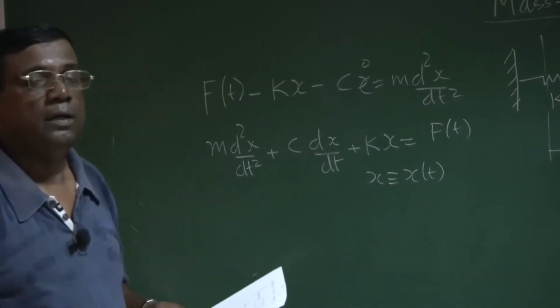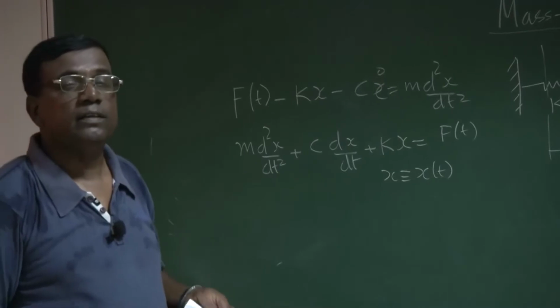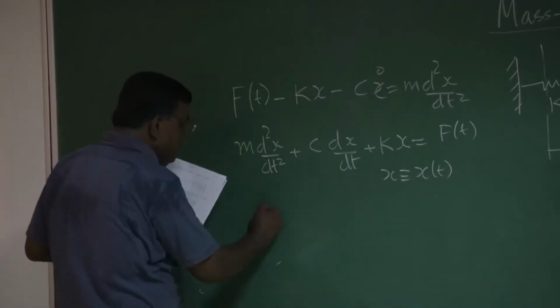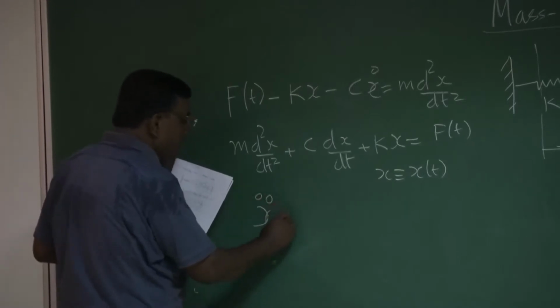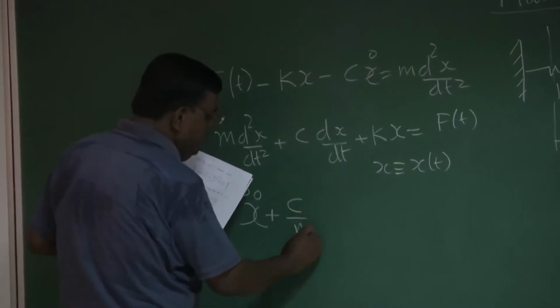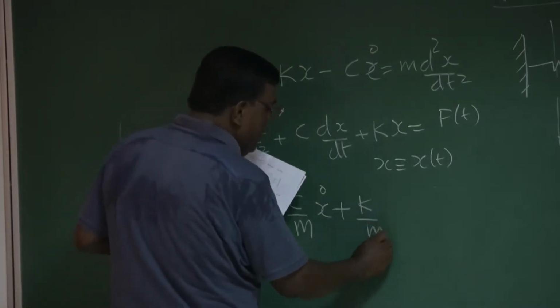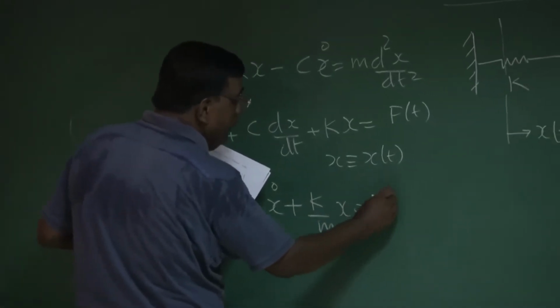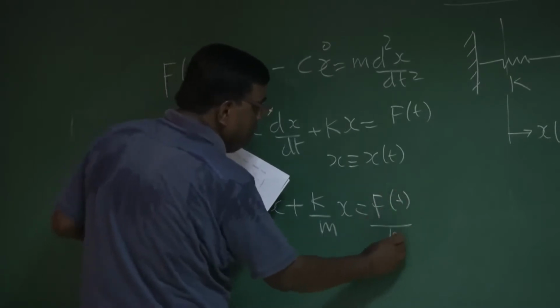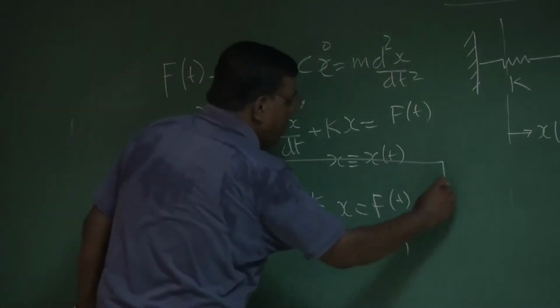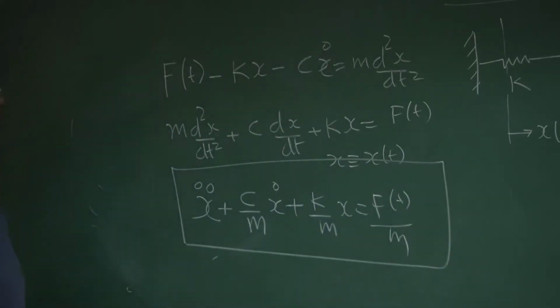We are trying to model their variation with respect to time. And this I can write in other notation: x double dot plus c by m x dot plus k by m x is equal to f of t by m. This is a very popular equation which you know how to solve.